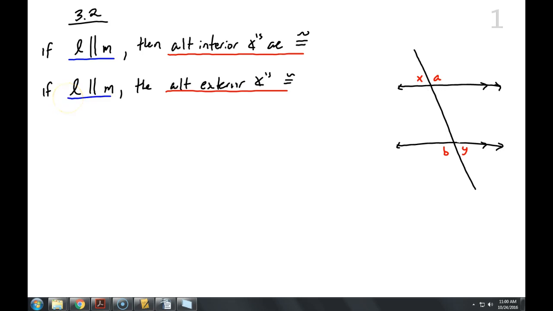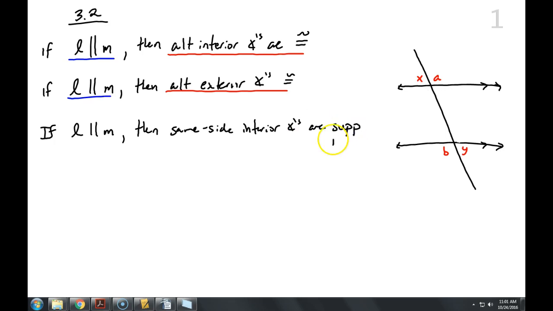And then the third theorem basically said that if L was parallel to M, then same side interior angles are supplementary, or they add up to 180 degrees.